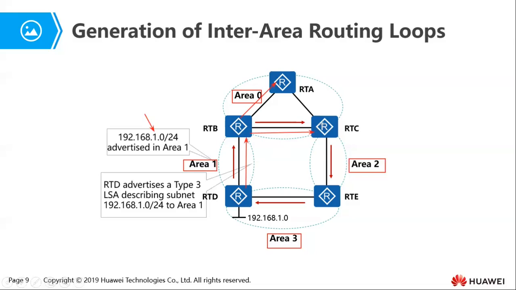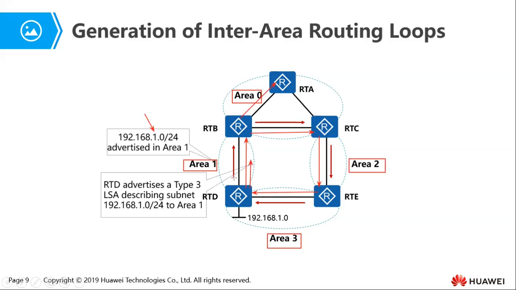When RTC receives this type 3 LSA, it's also going to forward it to area 2 as a type 3 LSA. When RTE receives it, it's also going to forward it in this area 3. When RTD receives it, it's going to inject it back to area 1.